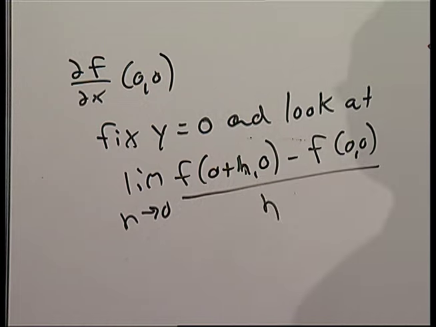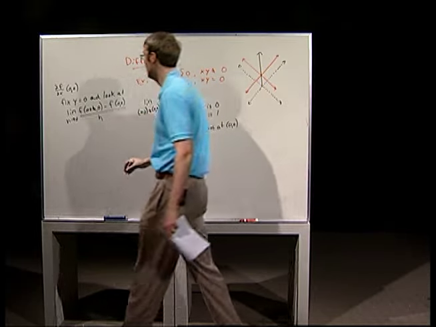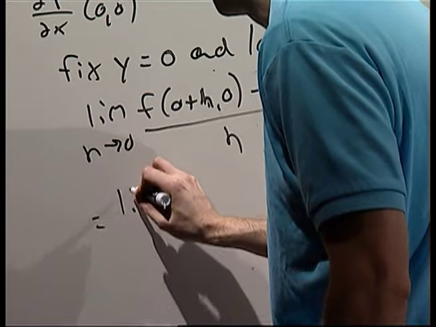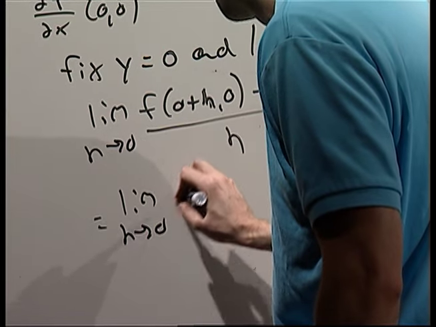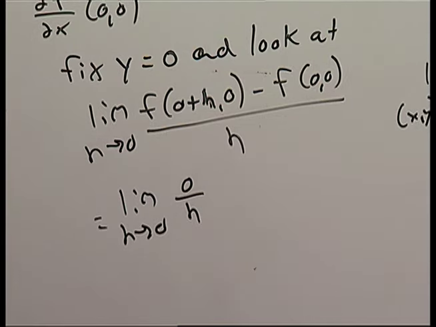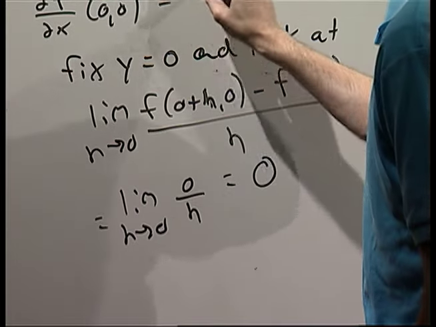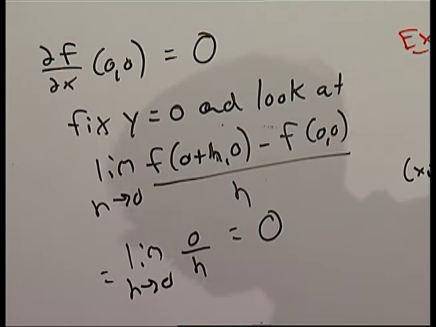As soon as that y value is 0, the function value is 1. So this ends up being the limit as h goes to 0 of 0 over h. That is 0. So the partial derivative at (0,0) with respect to x is 0.